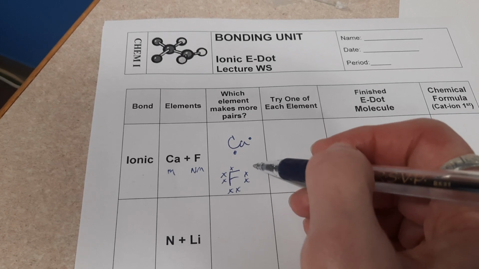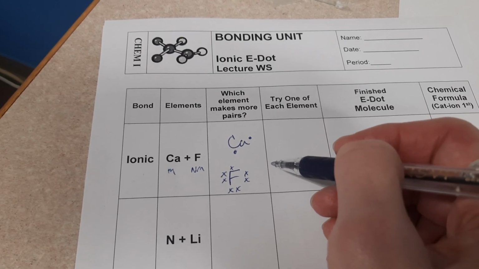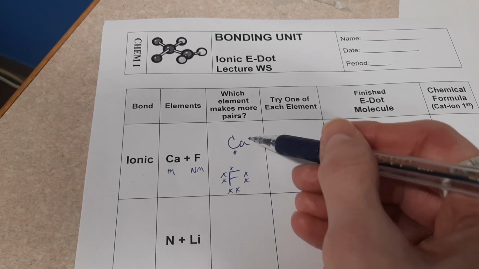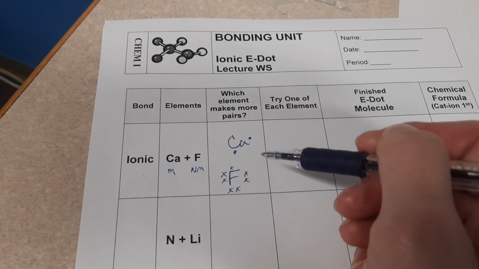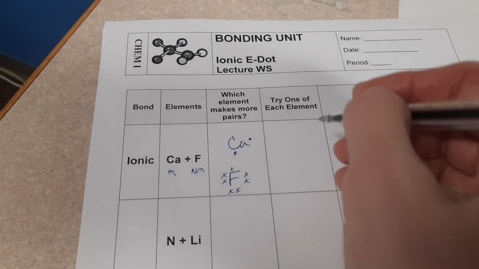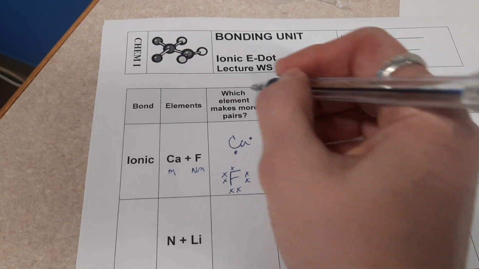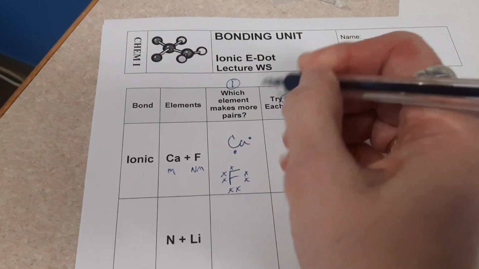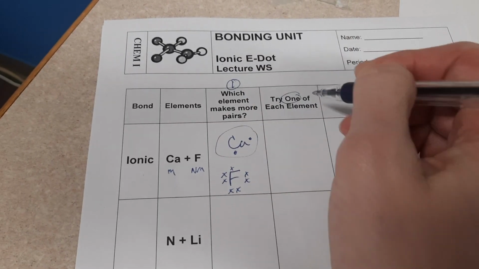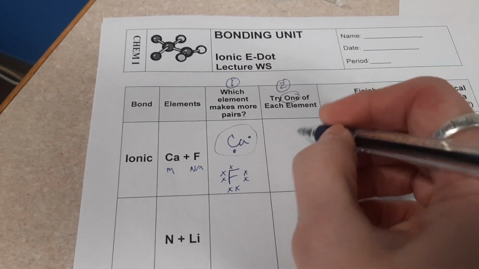Now I need to make pairs, that's making a bond, and I need to make sure that all the singles are made into pairs. Okay, so all bonds have been made. I'm going to first try one of each element. Okay, so we're going to look at which one makes more pairs. It's calcium. The second thing we're going to do is try one of each.